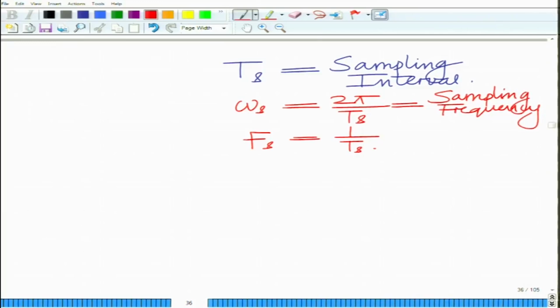Okay. And now there are various techniques of sampling. One of the simplest methods of sampling is basically to have an impulse scaled by the value of the signal at each multiple of Ts. That is, basically what you do is you have impulses which are periodically spaced or equispaced at multiples of Ts, and you scale each impulse by the value of the signal at that particular point. This is known as impulse train sampling. In other words, you have this impulse train of impulses, which are of unit scaling, and you multiply it with the signal. Okay.